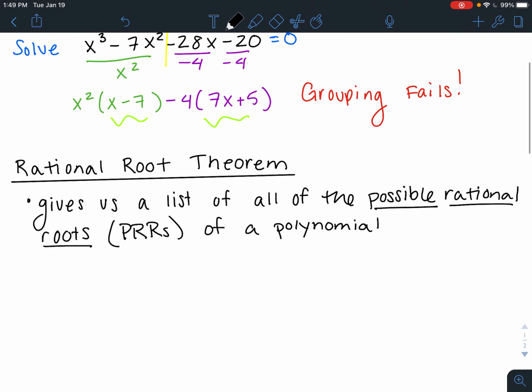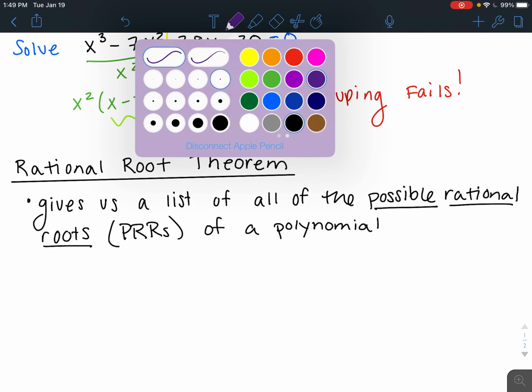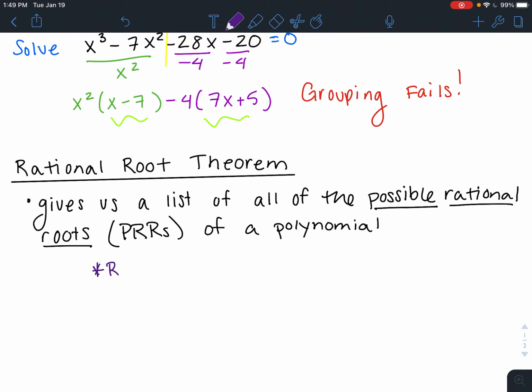Just as a reminder, what does rational mean? A rational number is a whole number or a fraction. So what the rational root theorem does for us is allow us to create a list of all of the possible whole number or fraction solutions to the problem.